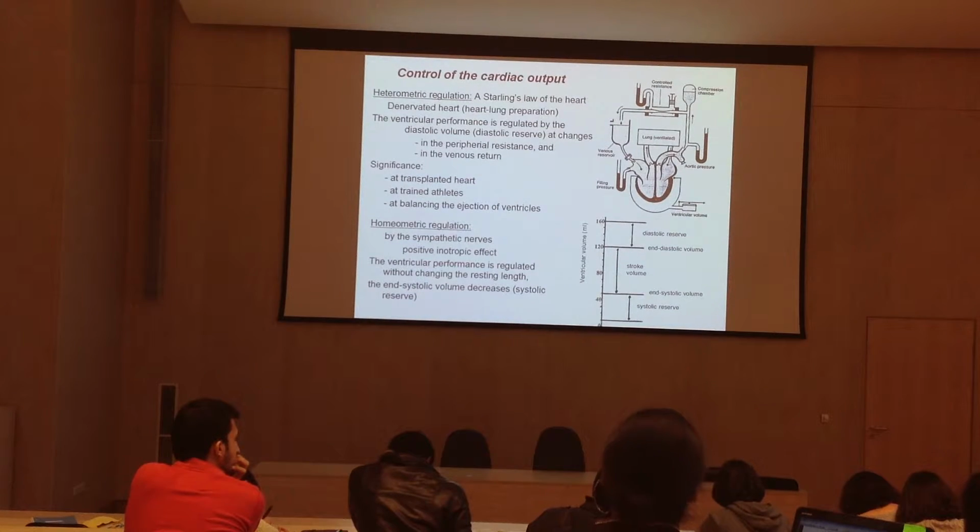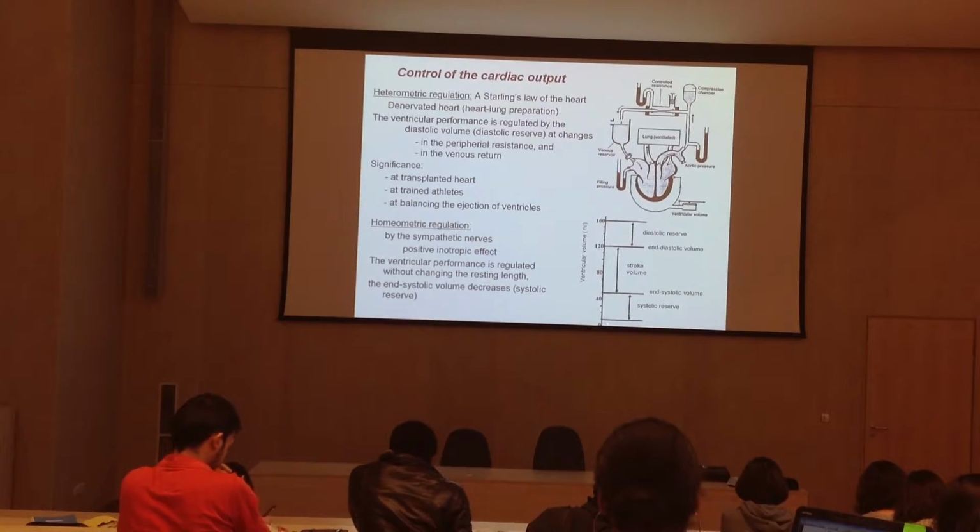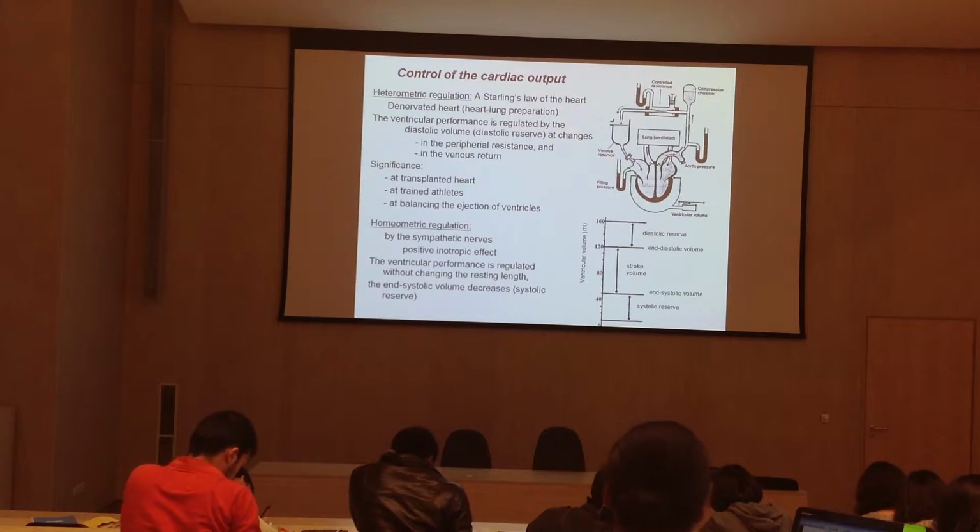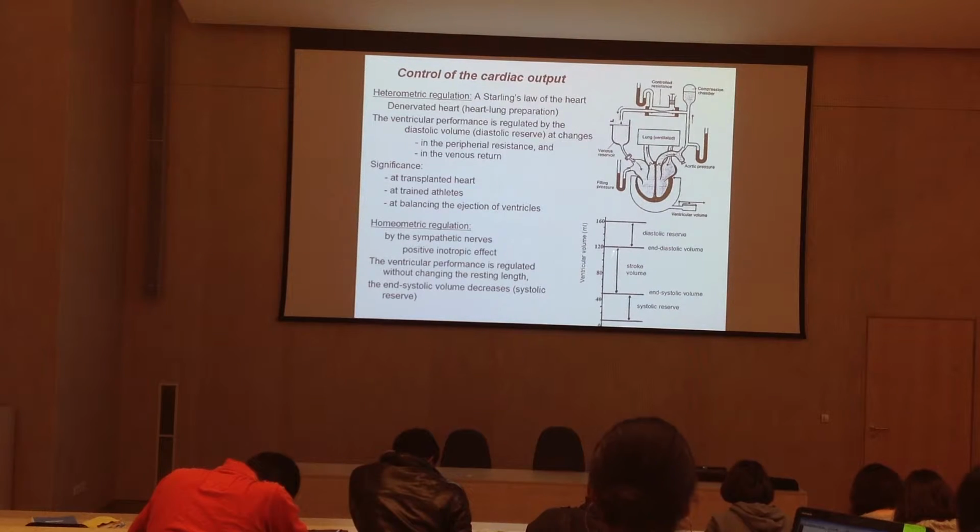What does it mean? At the end of the systole, the end systolic volume will be 50 milliliters of blood in the ventricle, and there is a contraction. The stroke volume is ejected.